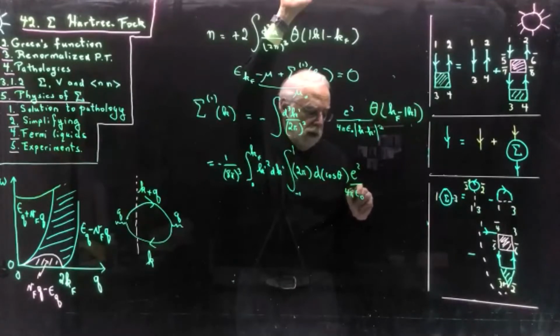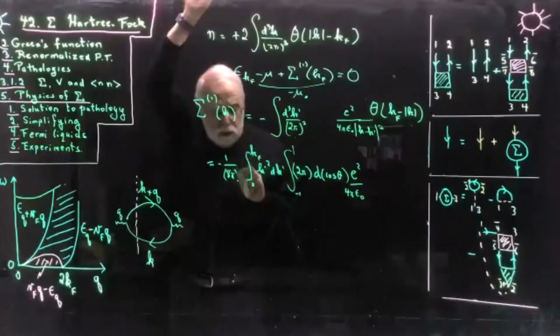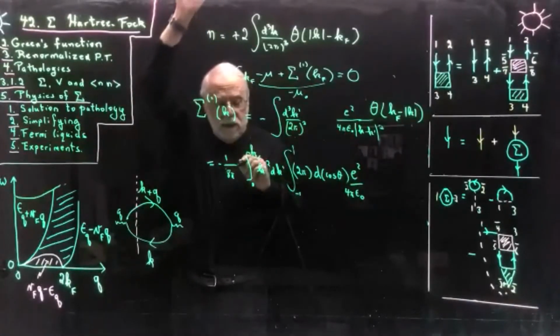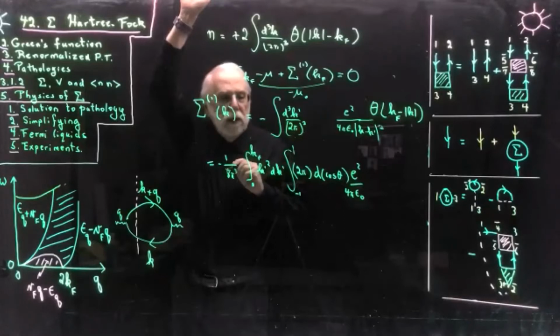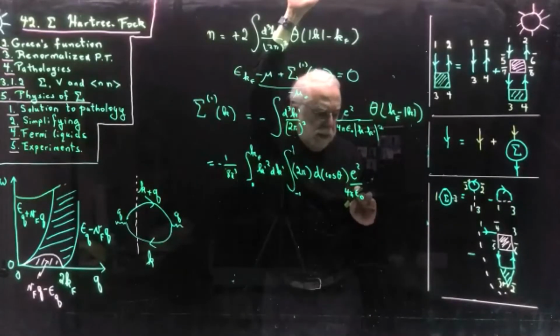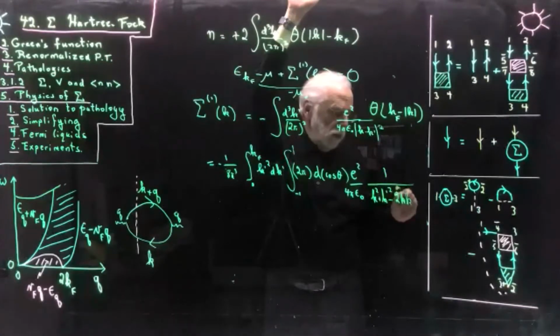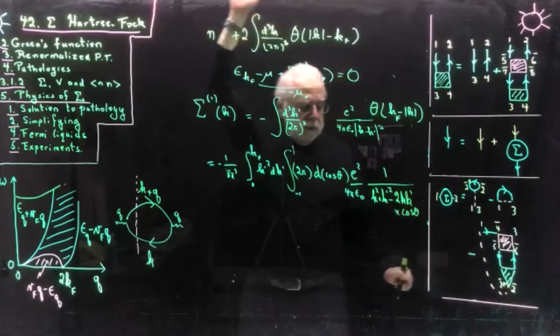It was a parenthesis error. And then this is just 1 over k squared plus k prime squared minus 2 k k prime cosine theta.